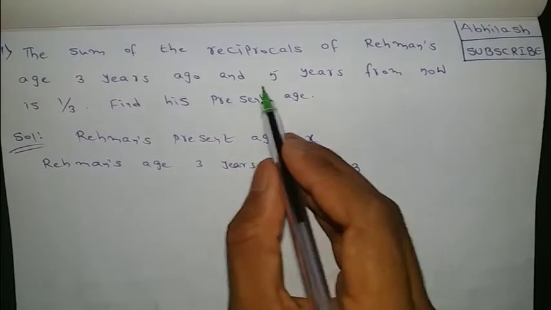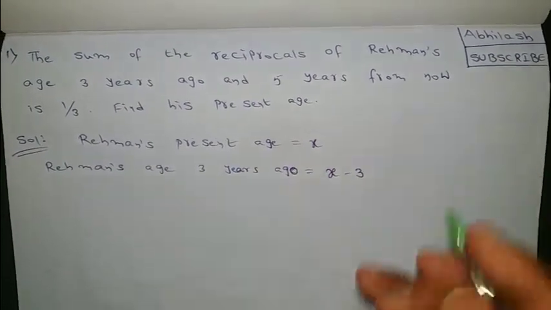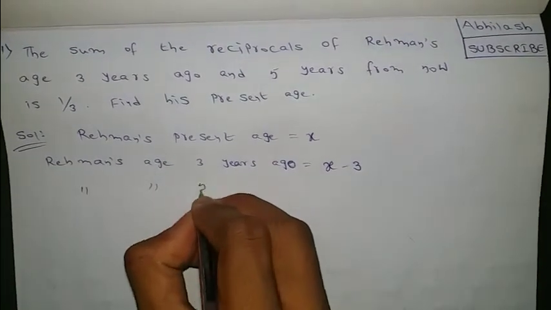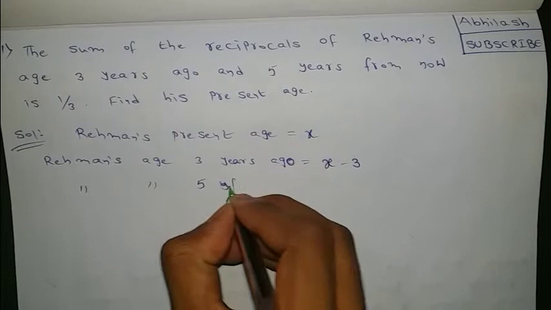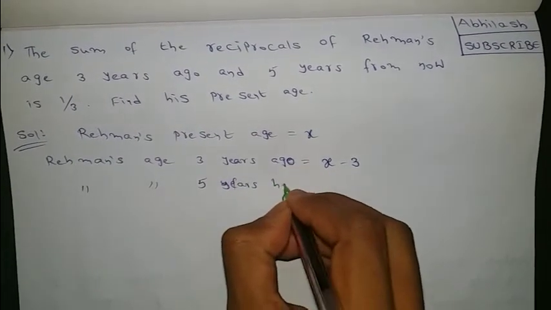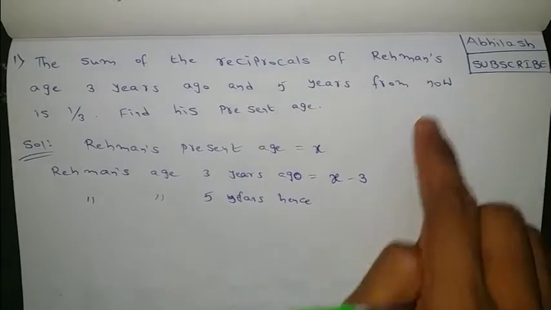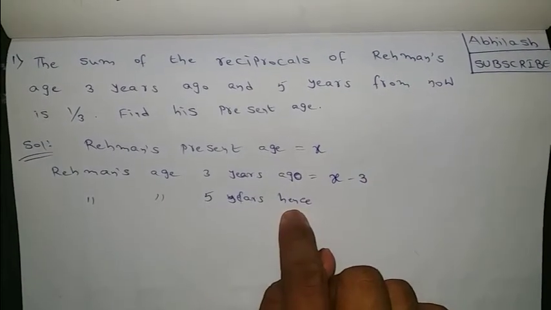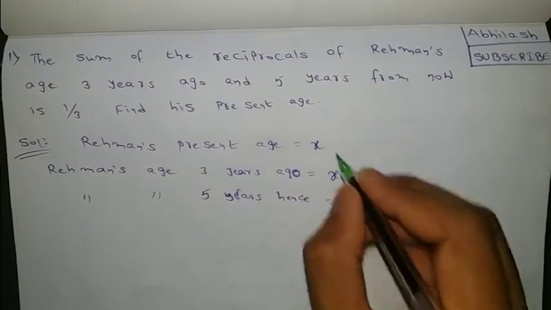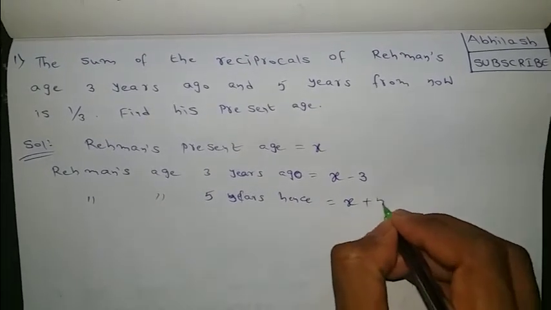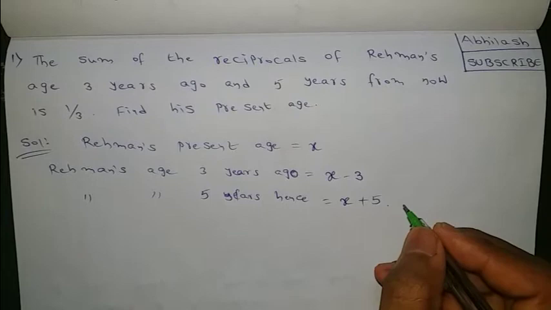And 5 years from now means after 5 years. So present age is x, then after 5 years it will be x plus 5.